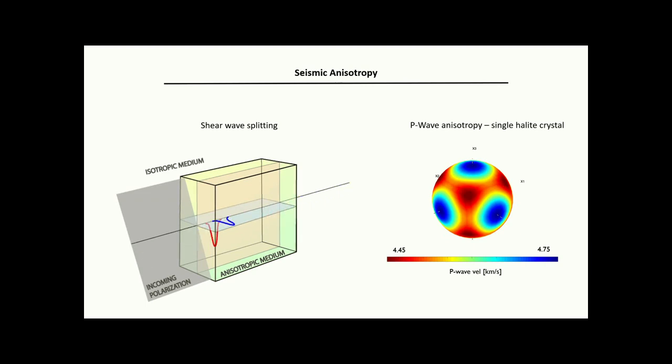And on the right side, I just show you a P wave anisotropy surface calculated from the elasticity tensor of a single halite crystal. And you can see that the P wave velocity varies depending on the polarization direction. So that is another effect which we see there.